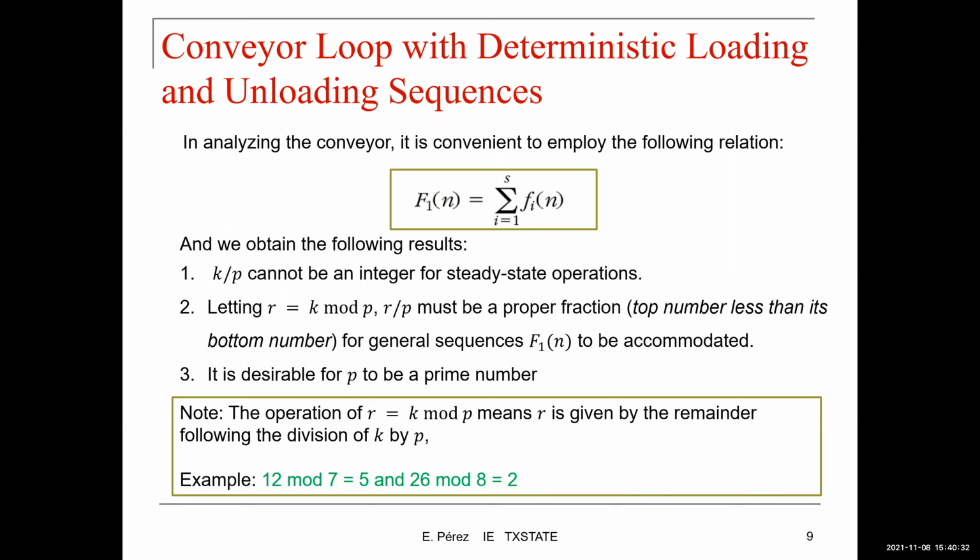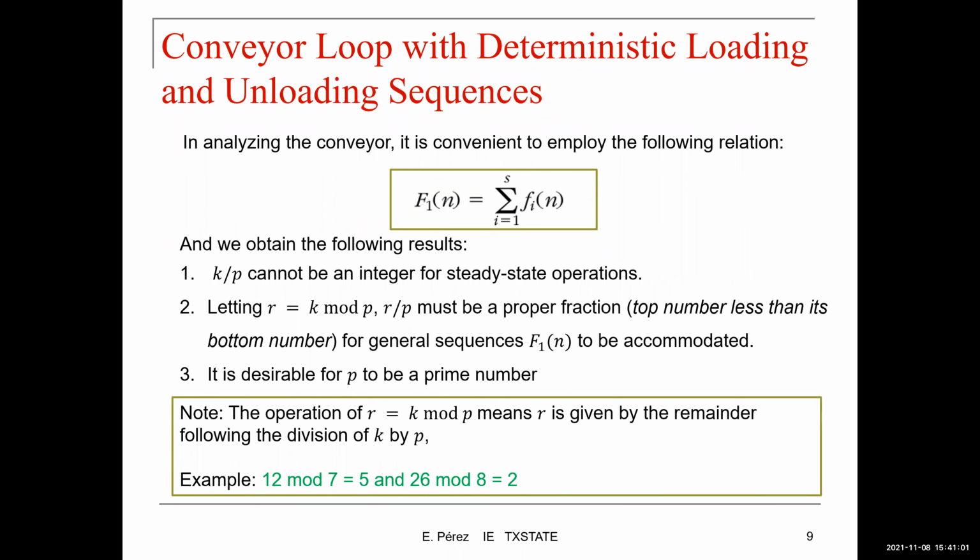K over P cannot be an integer for steady state operation. So we're going to look at those numbers. P is the period, K is the number of carriers, and then letting R equals K mod P, R divided by P must be a proper fraction for general sequences of F1N to be accommodated.